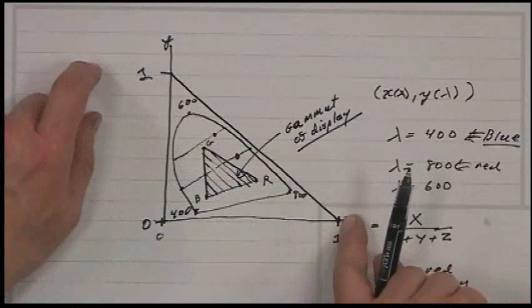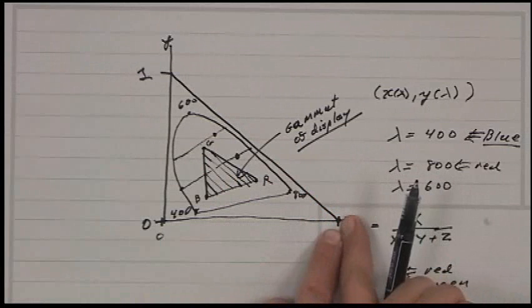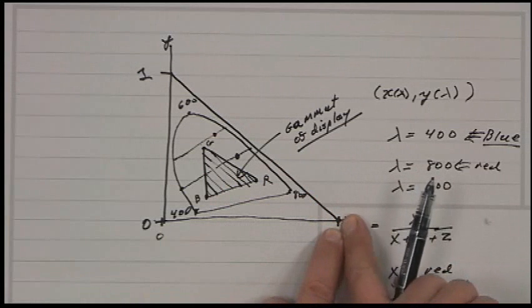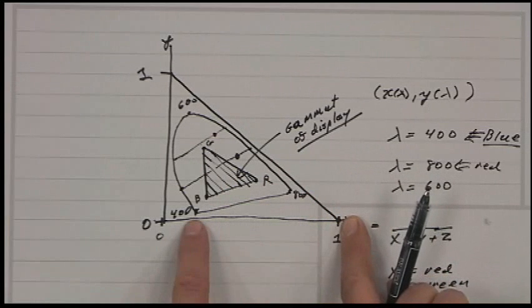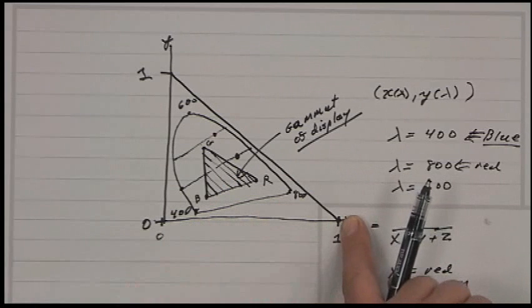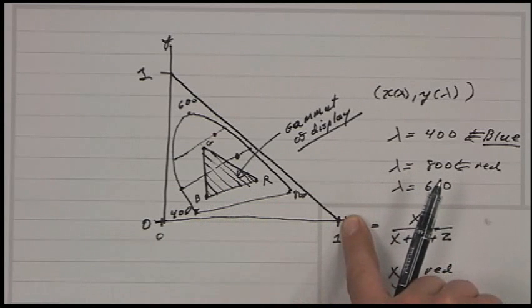We can represent it mathematically. We could pretend that color exists. But it doesn't, because there's no physical stimulus which will cause a human to respond like that, okay?